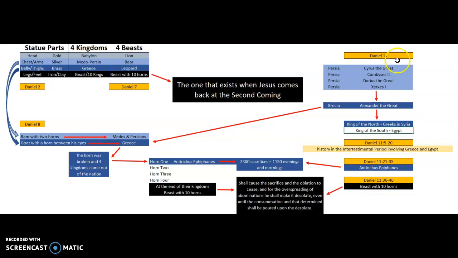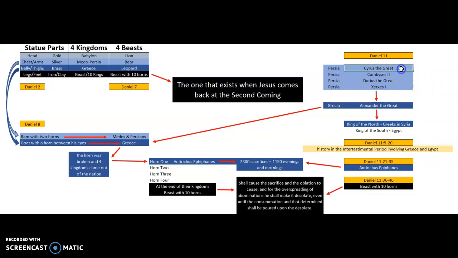In Daniel 11, it starts out by talking about the kings of Persia, because the Persian Empire was what they were in when Daniel was receiving this prophecy. It had already transitioned from Babylon. The Babylonian Empire had come to an end. It was taken over by the Medo-Persian Empire. And during the Medo-Persian Empire, Daniel is getting prophecy about what's going to be happening.